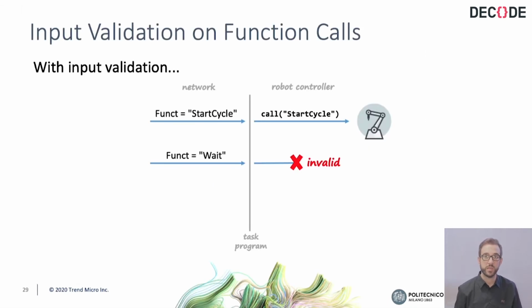Instead, with input validation, having a whitelist of the functions that are meant to run, these things won't happen. Again, this sounds all basic maybe if you are a web developer that knows all of the secure coding practices, but it looks like in this space, programmers are still thinking in a closed world assumption that no attacker will ever be on the network able to send arbitrary data to these network APIs.